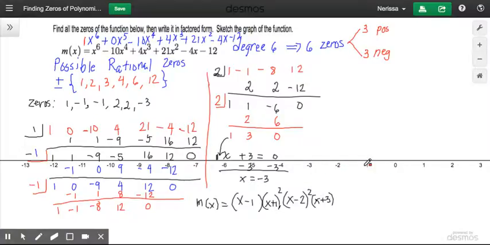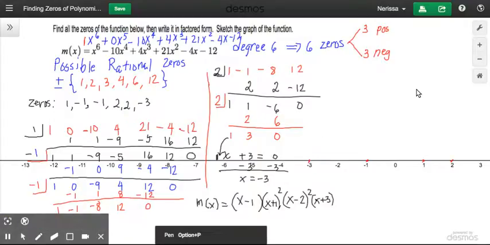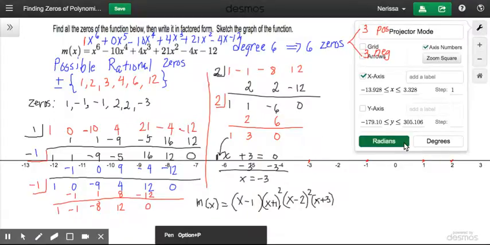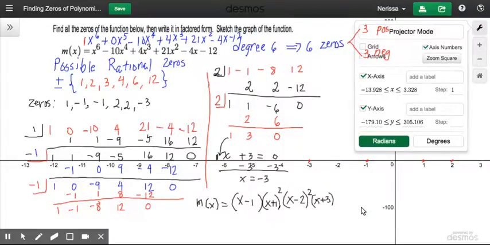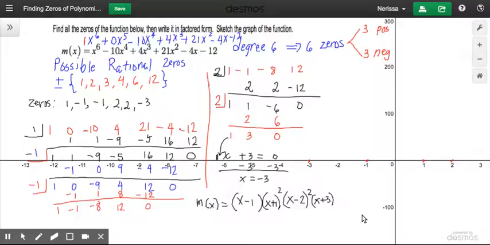So our x-intercepts are 1, so mark that, 2, negative 1, negative 1 again, so it'll just go here again, and then negative 3. All right, these are the zeros. Now, we want to get the y-intercept. Okay, so we got the x-intercepts, the zeros are the x-intercepts. Now we want the y-intercept.